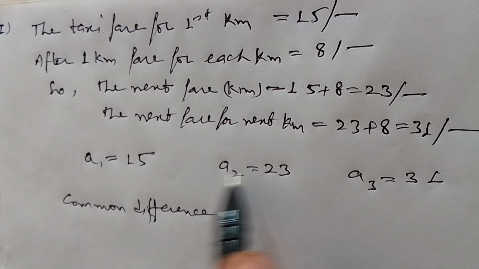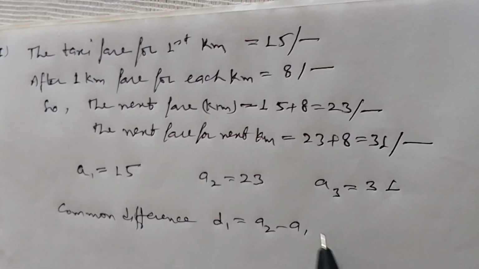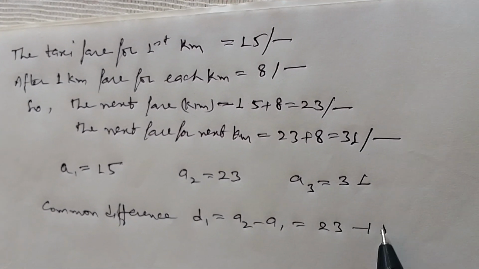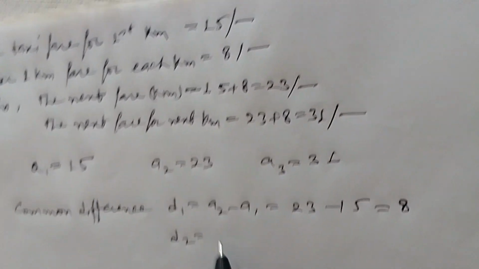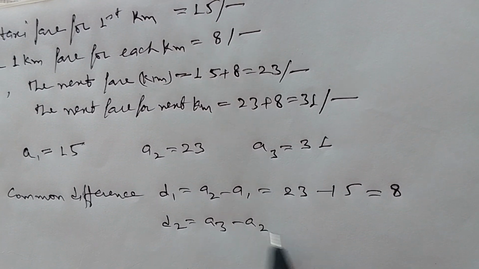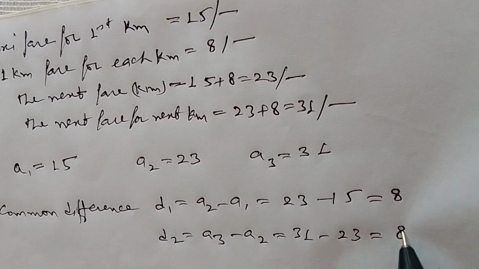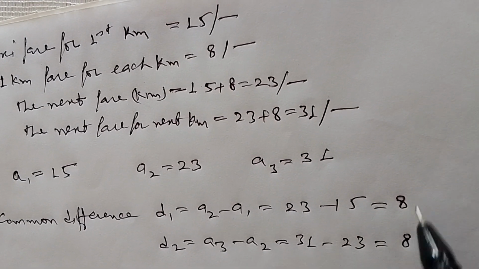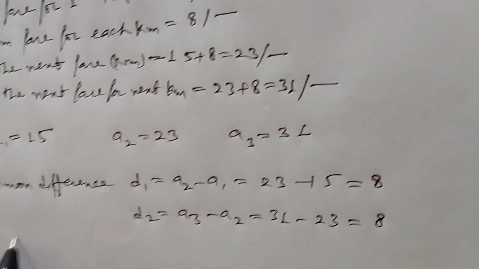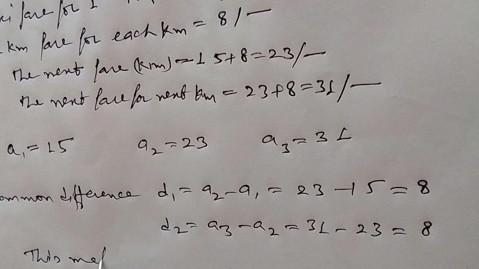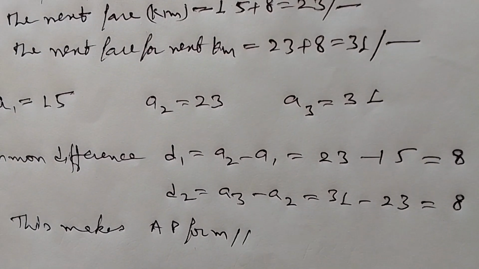D1 is A2 minus A1, 23 minus 15, which is 8. Then D2 is A3 minus A2, 31 minus 23, which is also 8. So this common difference is equal in each case, so this makes an AP. This is the answer of the first part of the question.